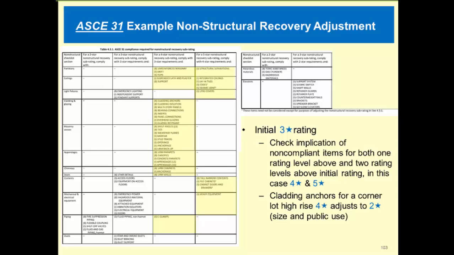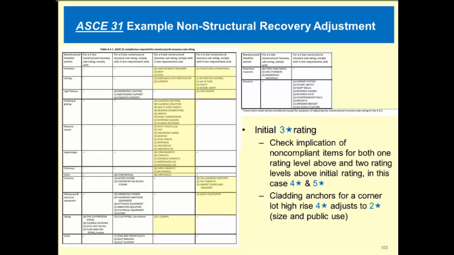So let's say for a 30-story steel moment frame building on a corner lot, based on the size, we're looking at the cladding. If those are non-compliant, that would potentially knock us down 1 star. And then also it's on our public right of way.